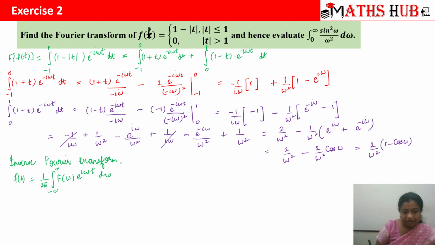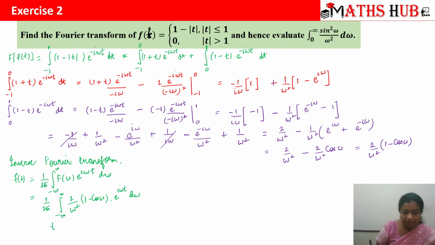Right? So this is 1 by 2 pi minus infinity to infinity. F of omega is coming out to be 2 by omega square, 1 minus cos omega, into e power i omega t d omega. So again, I don't need this exponential term in my answer.